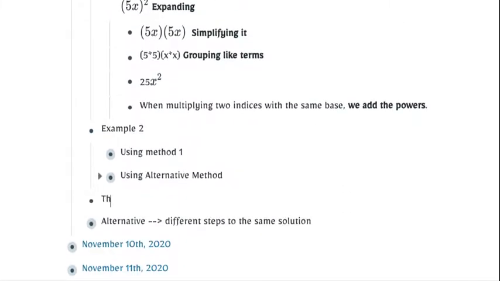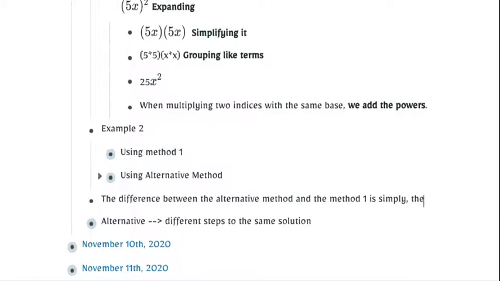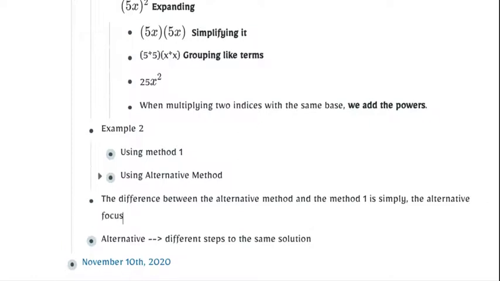The difference between the alternative method and the method 1 is simply, right? The alternative method focuses on a shorter approach, right?